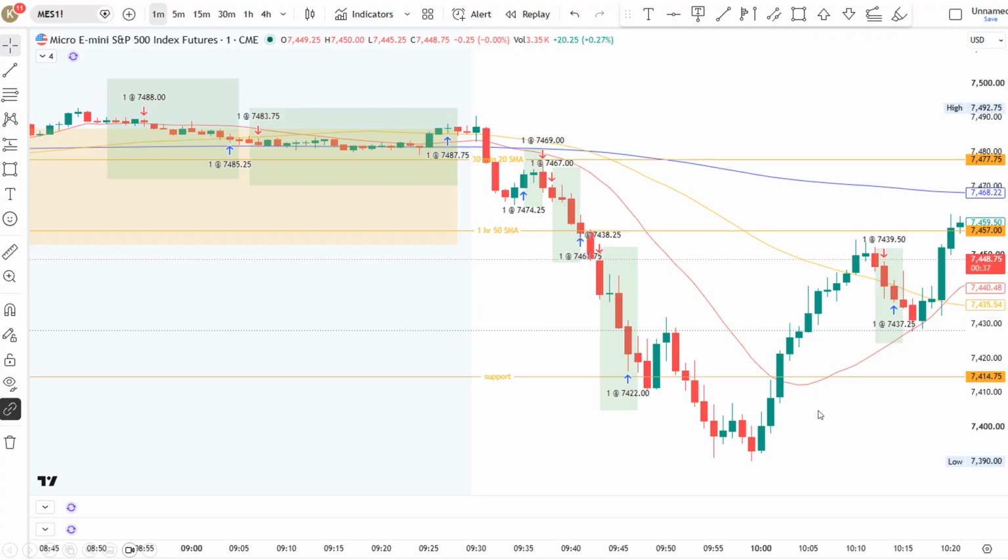Okay, so here is my trading day. I got into a short here and got out here, so that was profitable. This one was kind of interesting.